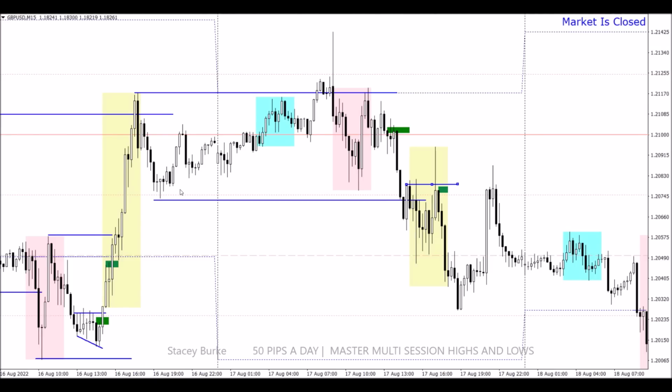US session puts the low in, Europe puts the high in. They work back up into the high on day 3, break down, pull back for a 25 to 40 pip stop hunt continuation trade back into traders who were long on day 2.